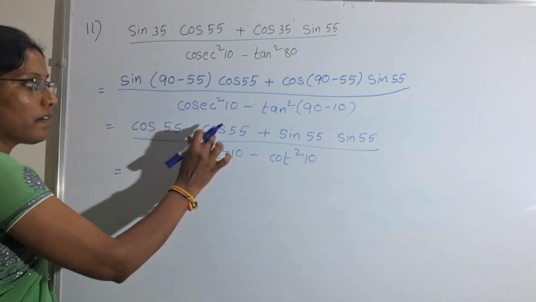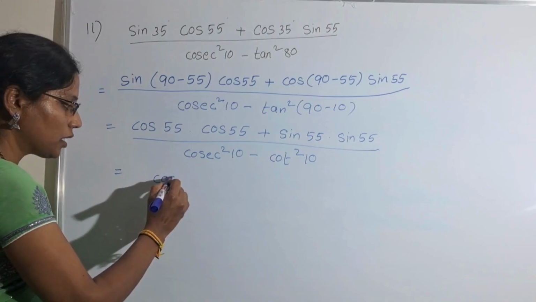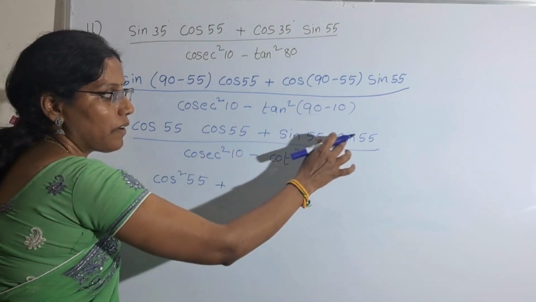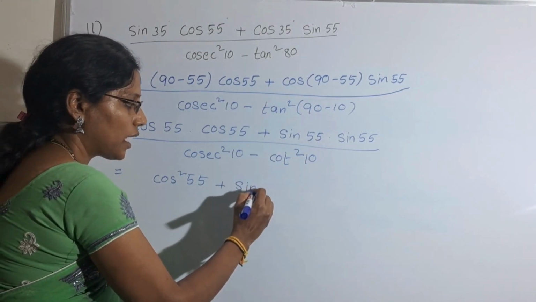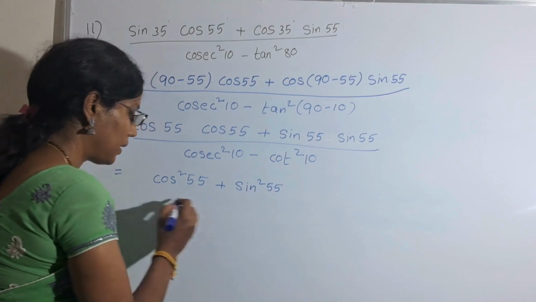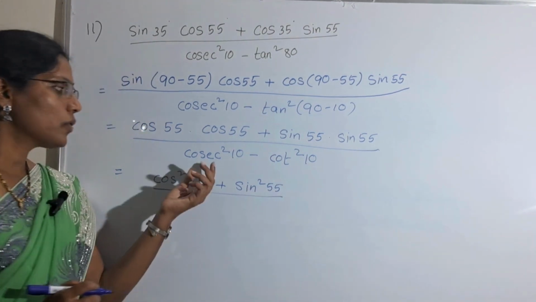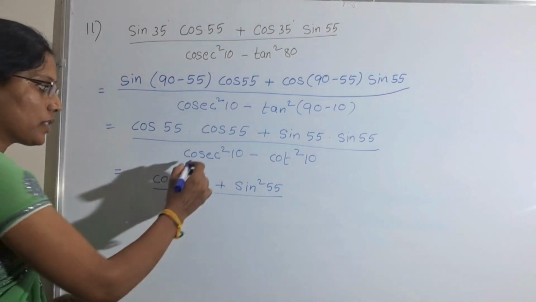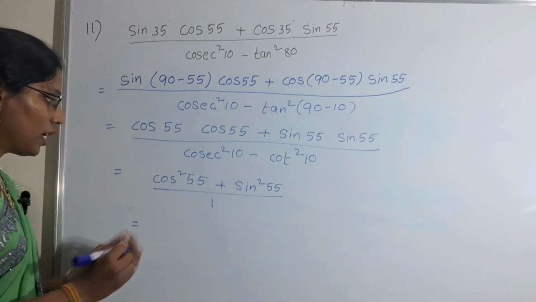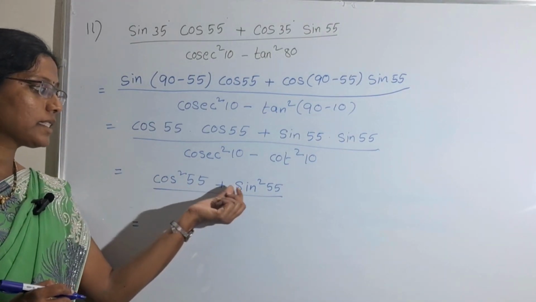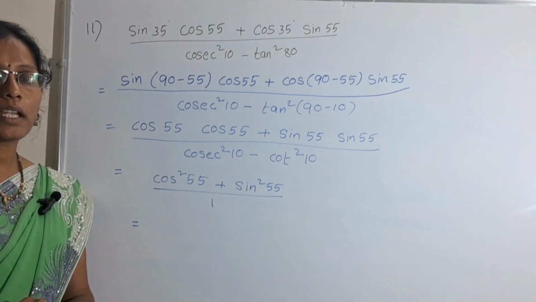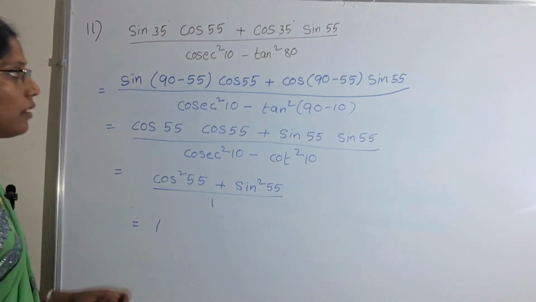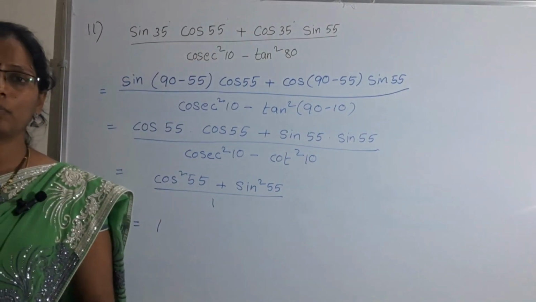Here cos 55 into cos 55 is cos square 55 plus sin 55 into sin 55 is sin square 55 by cosecant square a minus cot square a. Third identity we can use, value is 1. In the numerator, sin square a plus cos square a value is 1 using the first identity. This value is 1. Hence true.